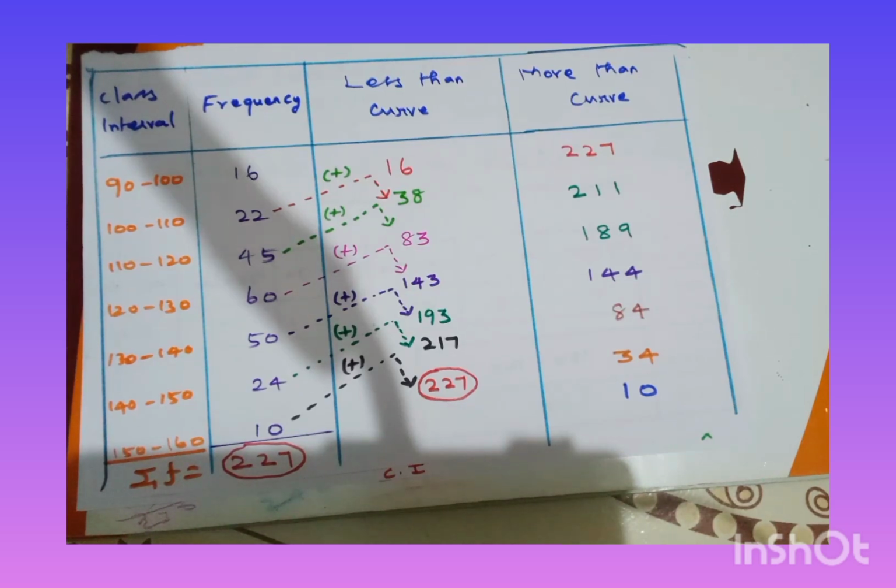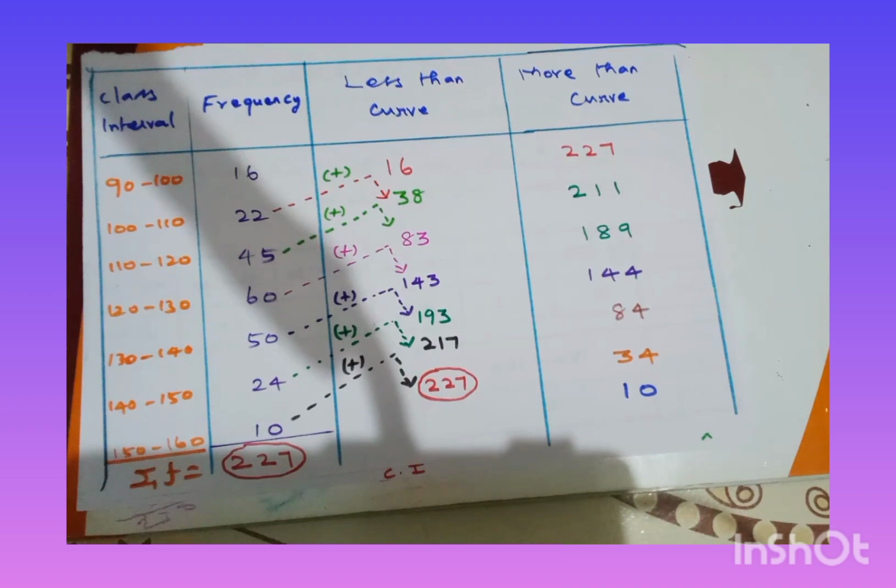How to calculate less than curve? Already we have done it in the earlier video, cumulative frequency. Very easy method to find a less than curve. Let us apply cumulative frequency. It means write the first frequency as it is, that is 16, and then take the second frequency, that is 22. So 22 add with 16. 16 means the very first cumulative value, isn't it?